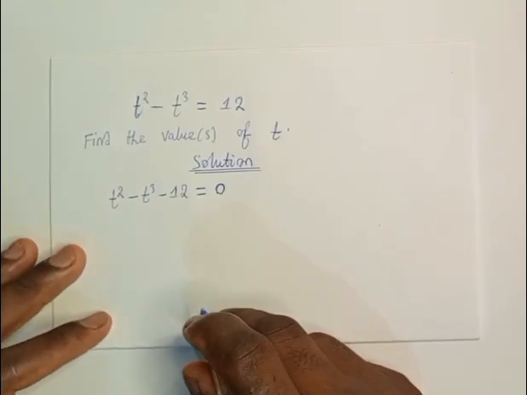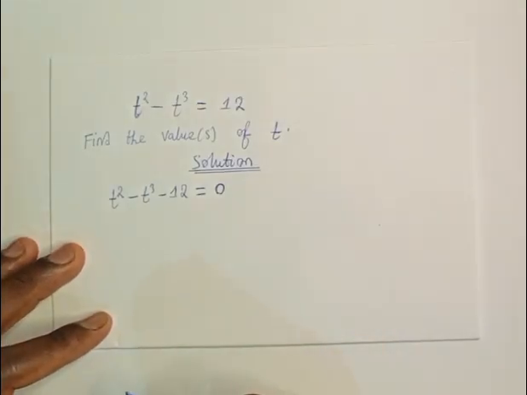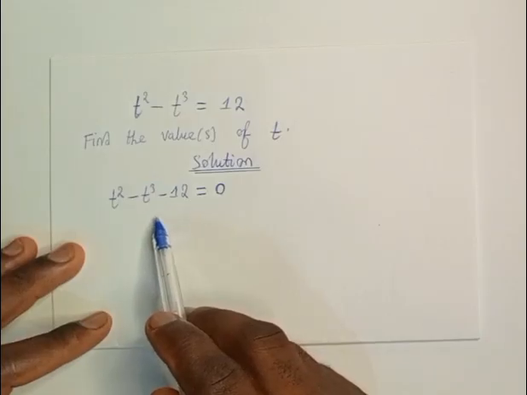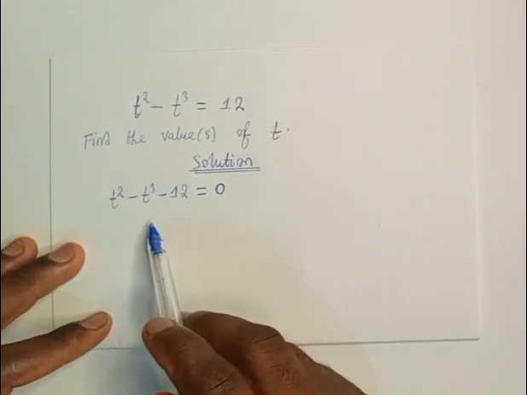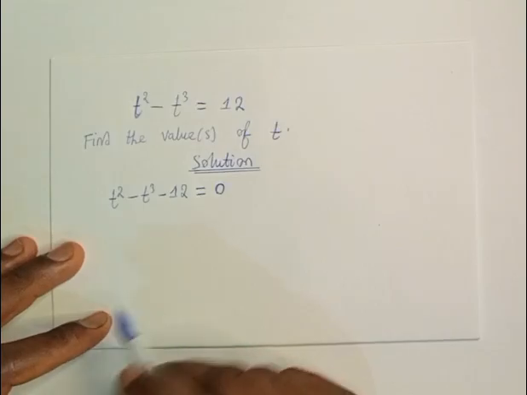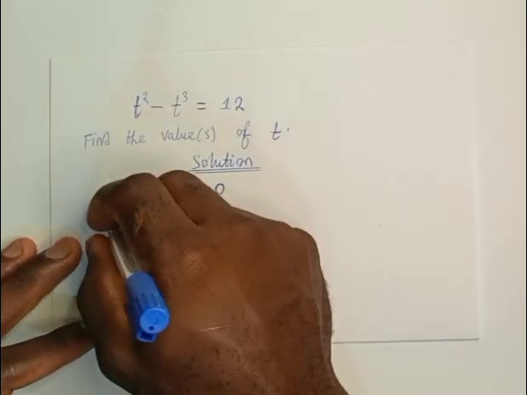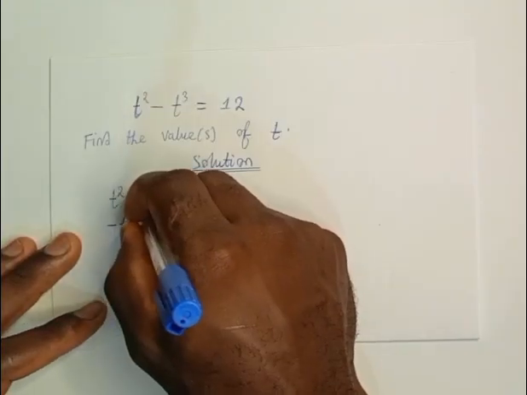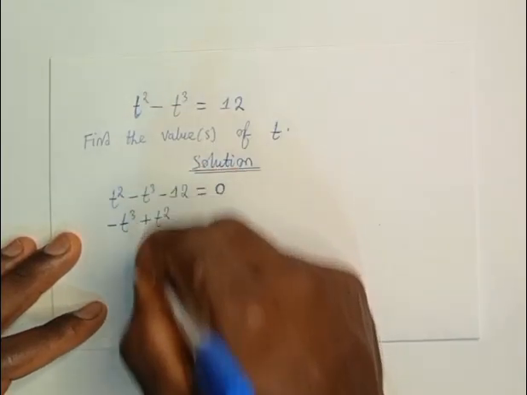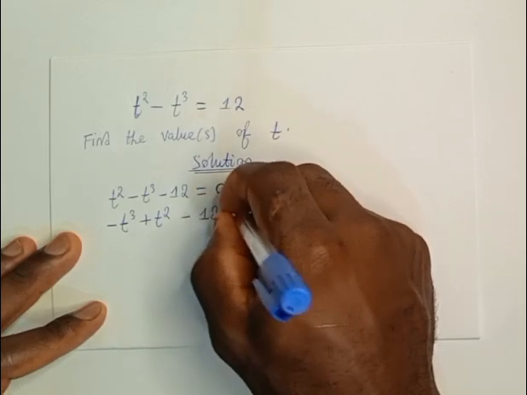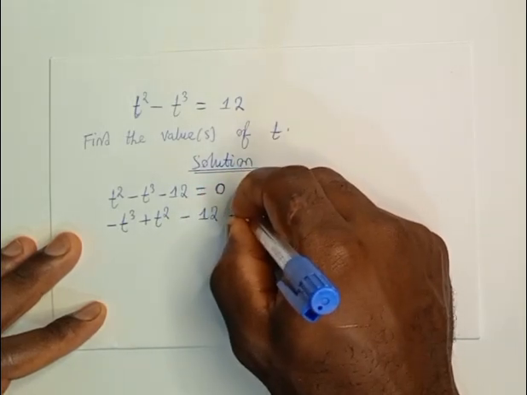Next, we are going to arrange the terms in descending powers of t. That means we start from the highest power of t to lowest. This will give us negative t cubed plus t squared minus 12 is equal to 0.